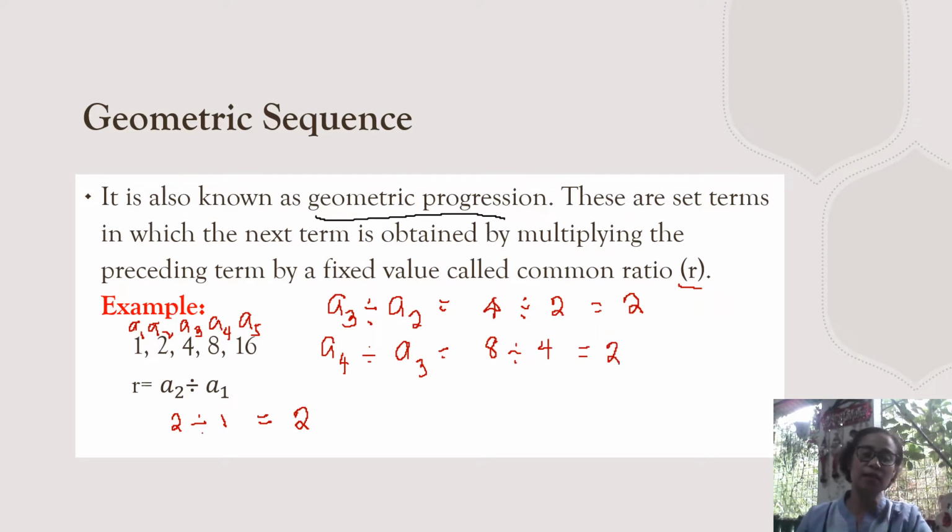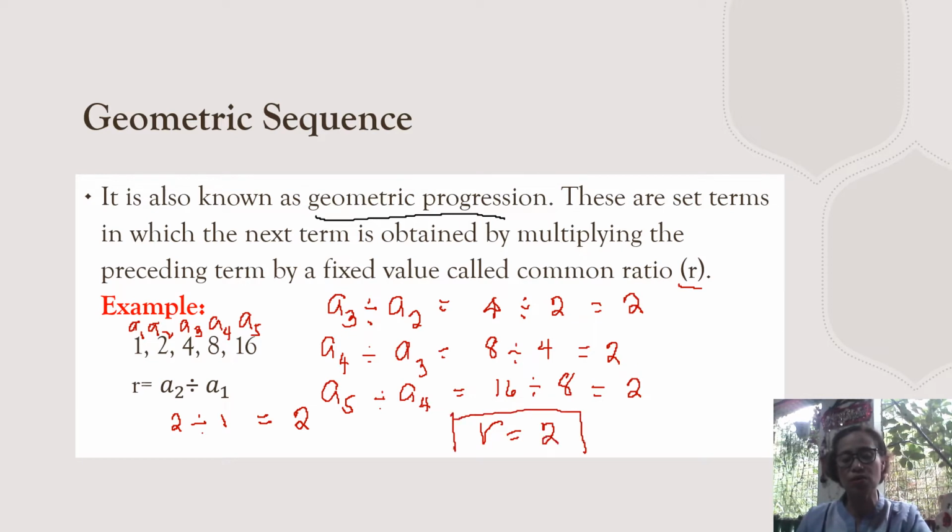And lastly, a sub 5 divided by a sub 4, which is 16 divided by 8, and you get 2. Since 2 is common to all the preceding terms, our common ratio, or our fixed multiplier, is the value of 2.